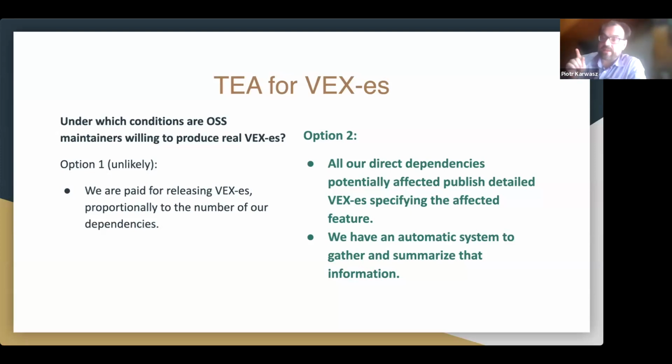We have an automatic system that gathers all that information and makes a PR, a little bit like a Dependabot PR, and says, you have a CVE in SnakeYAML. Well, we actually also use SnakeYAML as a transitive dependency. But the direct dependency Jackson that uses SnakeYAML says that they are not exploitable. Cool. Then I can produce a VEX saying that we are not exploitable, because all our direct dependencies say that it's not a problem.